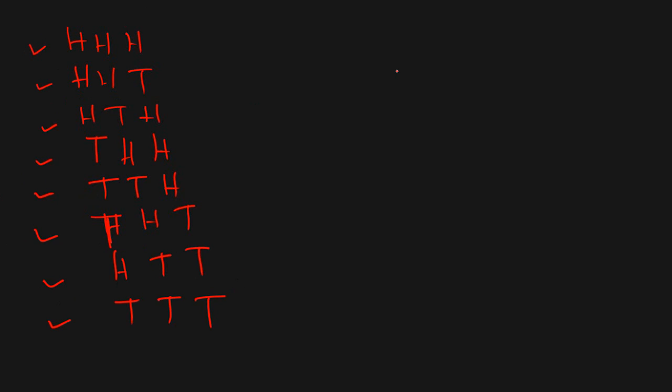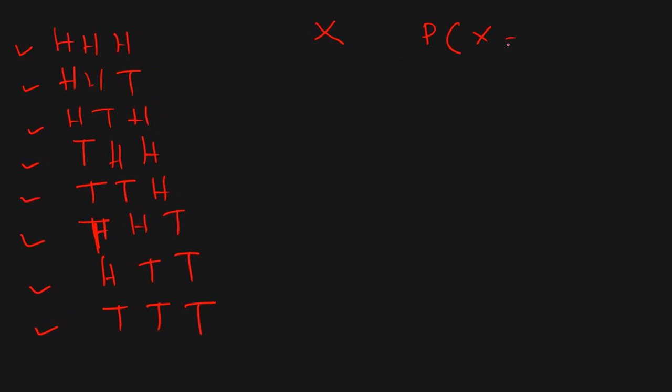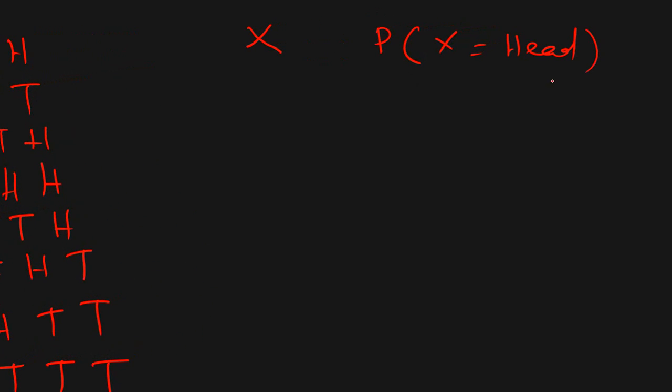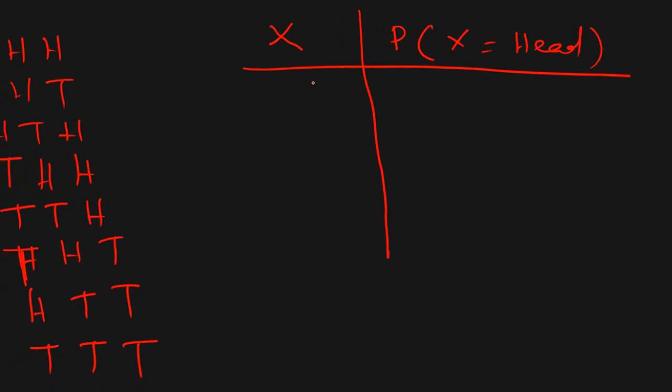Good. Now the distribution will be like this in this case. So we have the random variable x, which takes how many times heads appears in the outcome, and the corresponding probability value, the probability of X taking that value, right? Now, how many times are there 0 heads in the outcome?